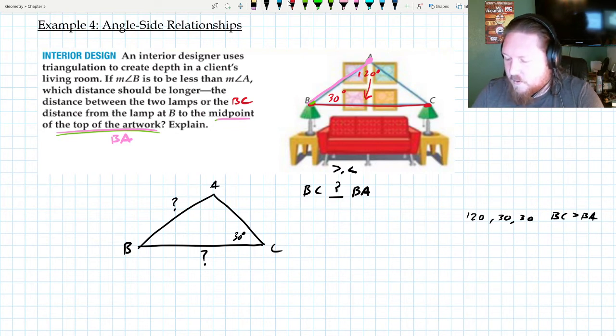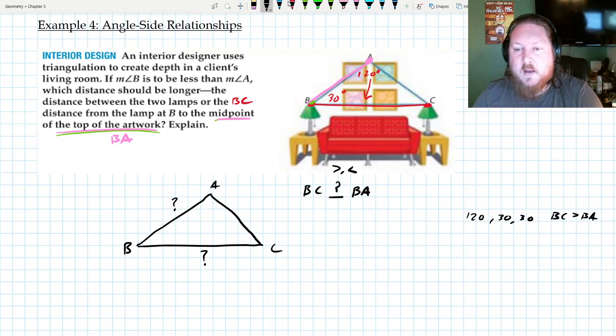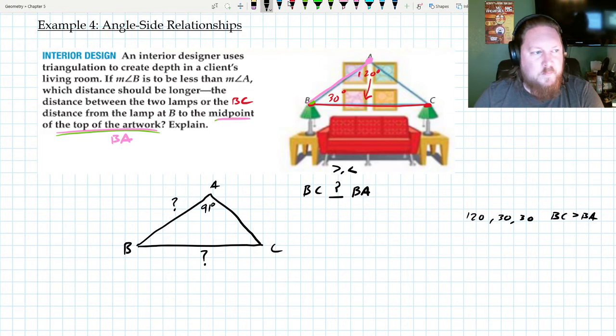Now, I still want... oh man, that was a horrible triangle. Angle B to be less than angle A, but let's make them closer together. So this looks like it's obtuse. So let's make it 91 degrees. The smallest, like, nice whole obtuse angle we can get.